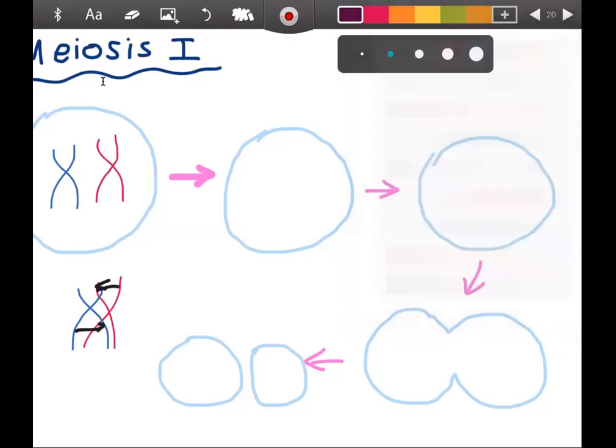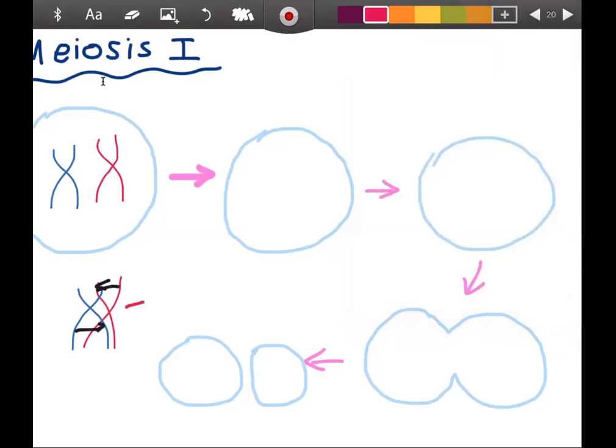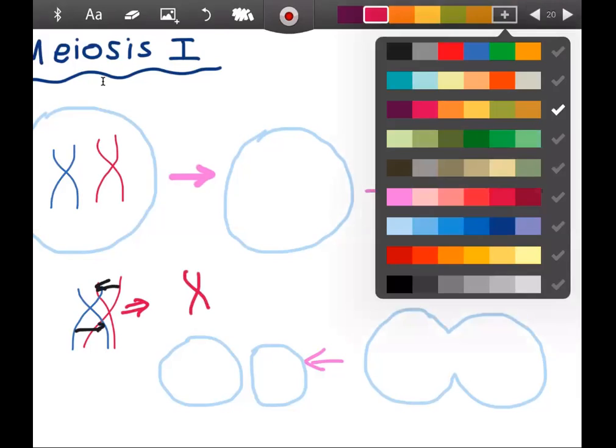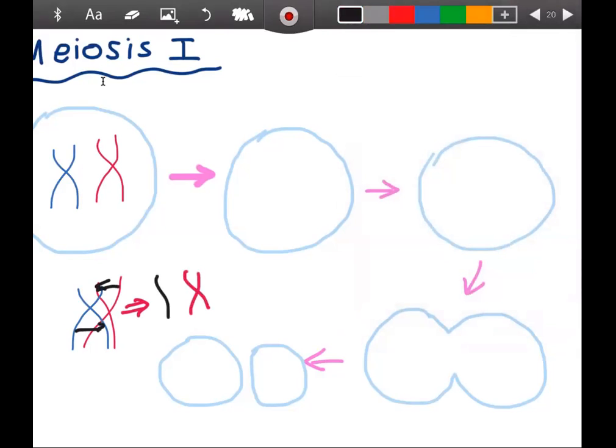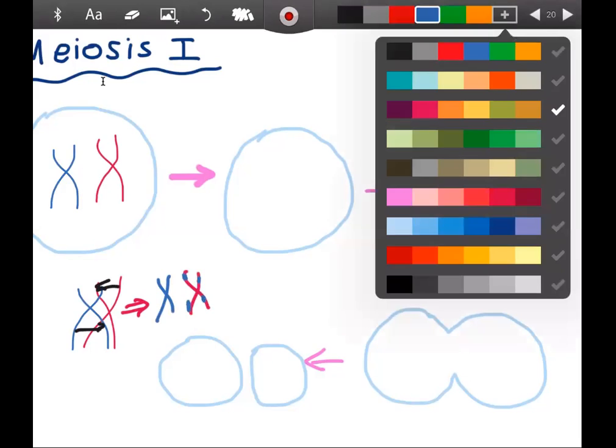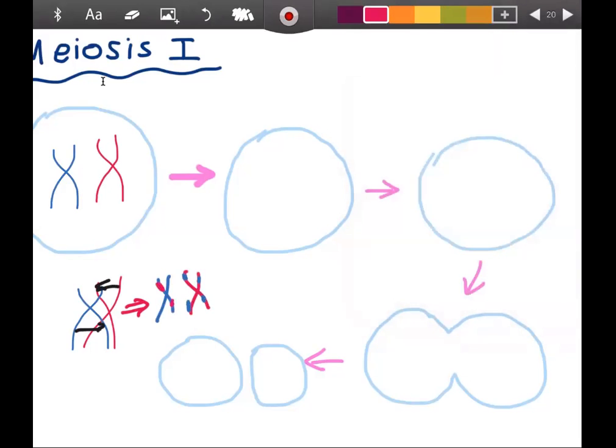If I were to redraw these chromosomes after crossing over, this would now have parts of the paternal gene incorporated into the maternal chromosome, and the same goes for the paternal chromosome.